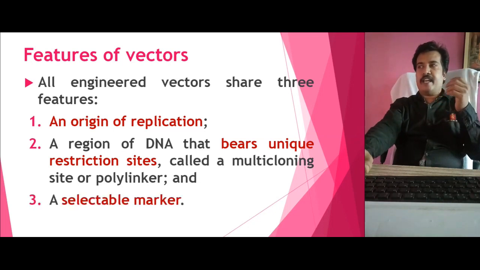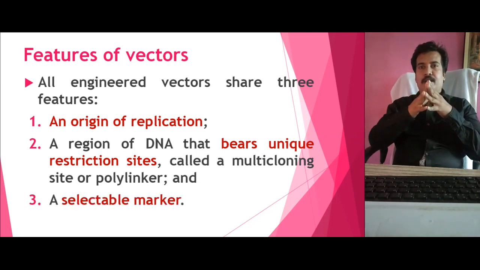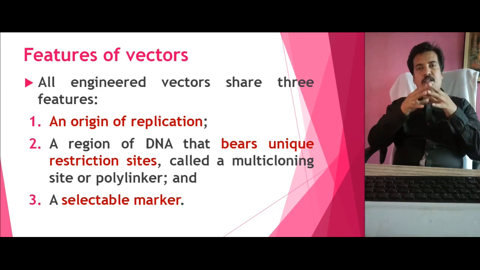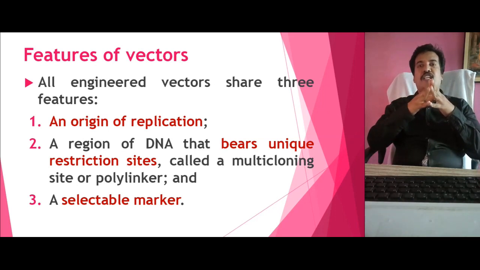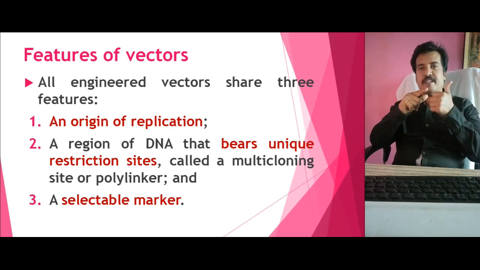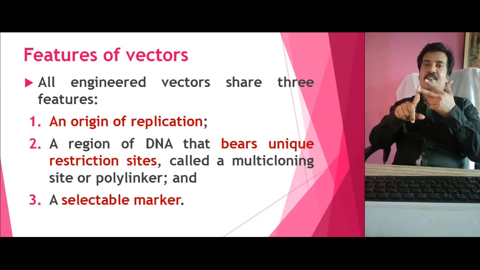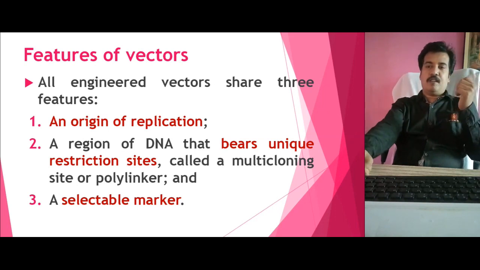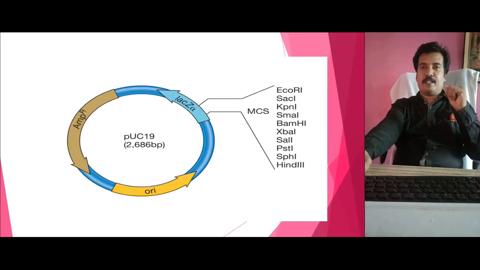And third, it carries a selectable marker, where we can find the cloned DNA in the host organism. So the vector should contain an origin of replication, the multiple cloning site where we can insert the foreign DNA, and a selectable marker where we can identify the clone. These are the three basic characteristics the vector should carry.